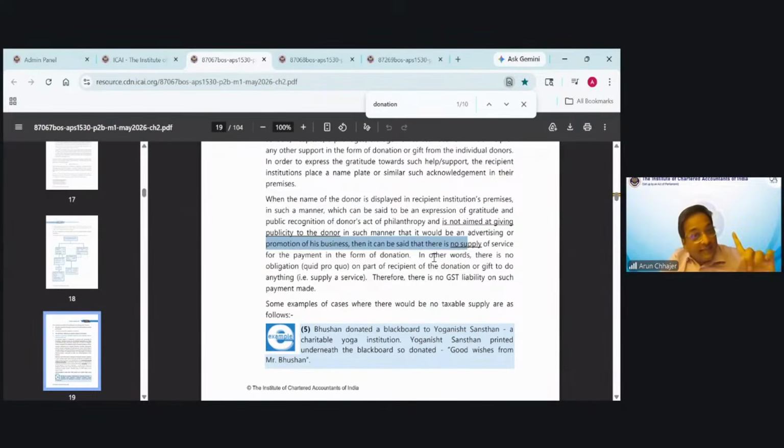In that case, Nagaraja is not giving an advertisement for increasing the business; they are giving the name of Nagaraja or the Nagaraja organization only to express gratitude for the philanthropy work. Then in that case, it is not a supply at all. No supply of service for the payment in the form of the donation. In other words, there is no obligation, quid pro quo, on the part of the recipient. Therefore, there is no GST liability on such payment made.